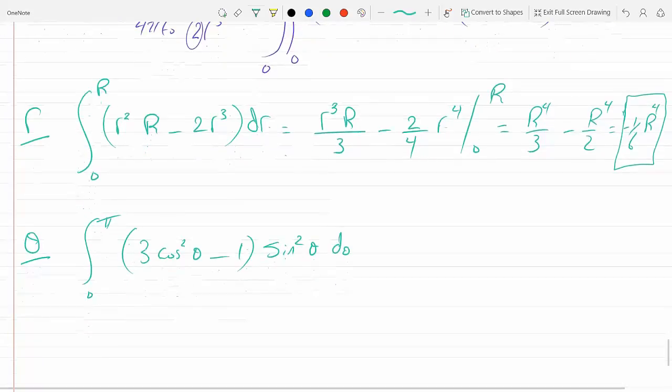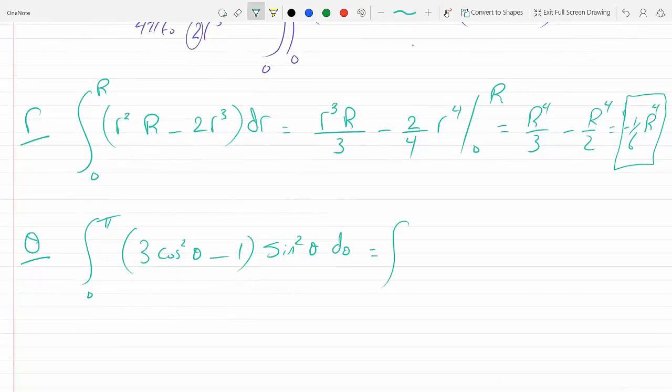So this becomes 0 to pi 3, or sine squared with cosine squared, whatever. Probably easier to do cosine squared because there's a 1 there. So cosine squared is 1 minus sine squared. So this becomes 3 minus 3 sine squared minus 1, which would just make this 2. Let's just remove the 3 and the 1 and make this a 2.